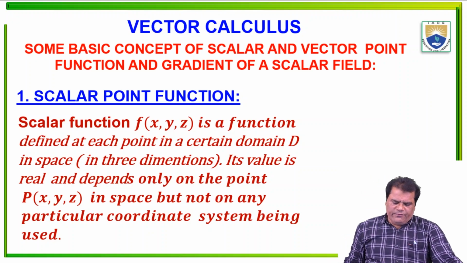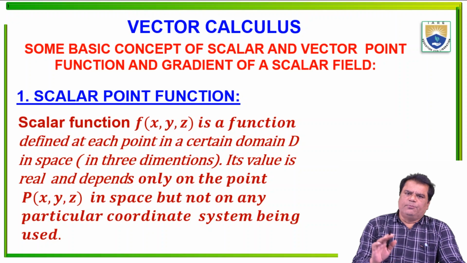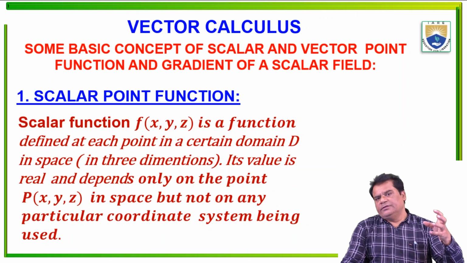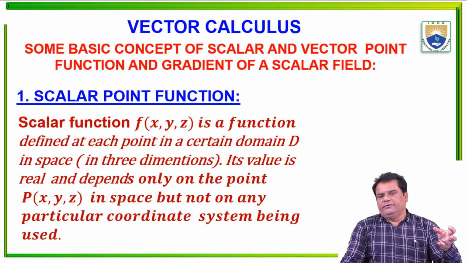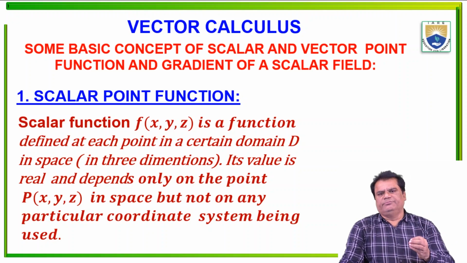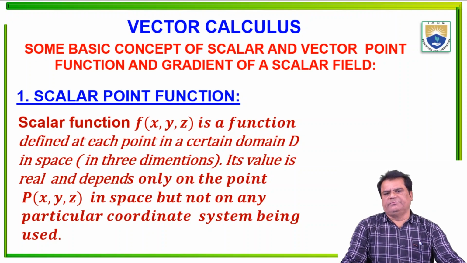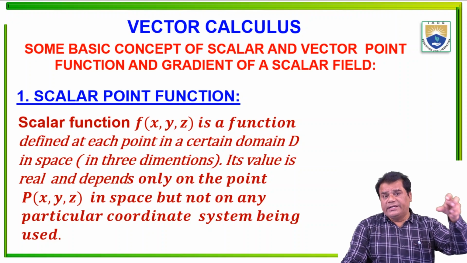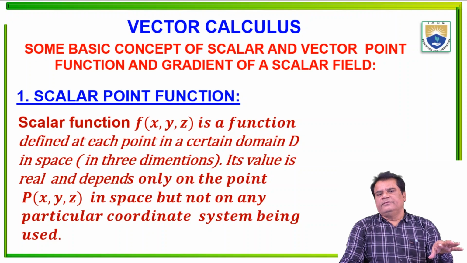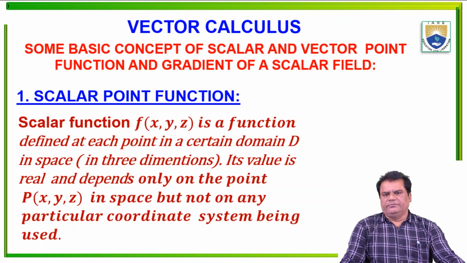A scalar point function is the position of a point in the function form, meaning the value of the function at any point in the three-dimensional coordinate system. What is the value of the function at any point? The point is given, then what is the value of the function?